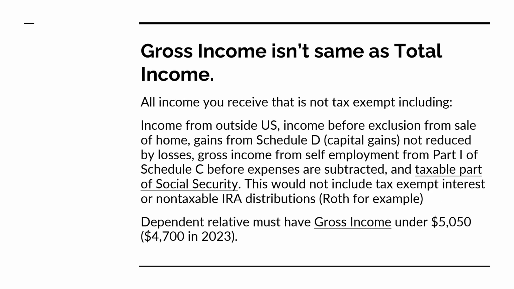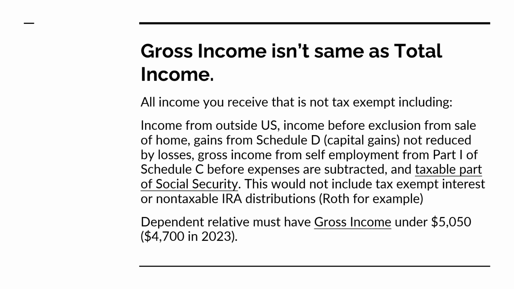So the next thing we're going to talk about after this presentation is the dependent rules. And one of the rules is that the dependent can't have a gross income of over $5,050. That's the 2024 amount. So gross income is a different income than any of the ones we've been talking about so far.